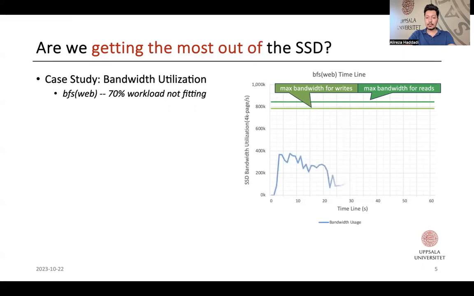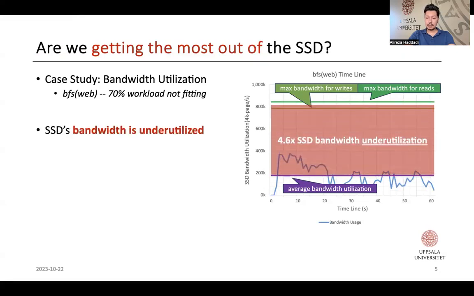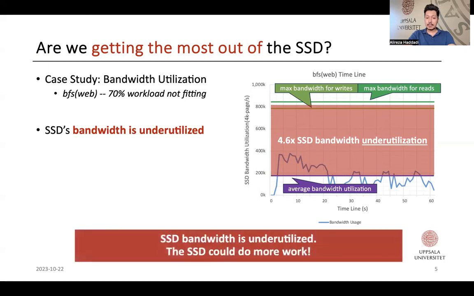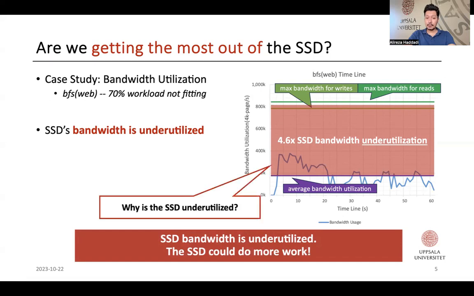However, this is the timeline for the BFS web benchmark. We can clearly see that the average bandwidth utilization is less than 200 kilopages per second. In other words, our SSD bandwidth is underutilized by a factor of 4.6x. So our SSD bandwidth is underutilized and the SSD could do more work.